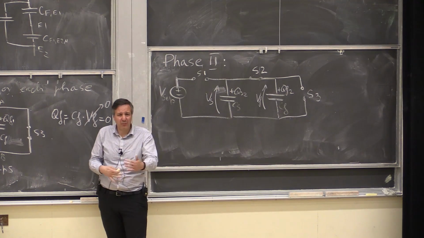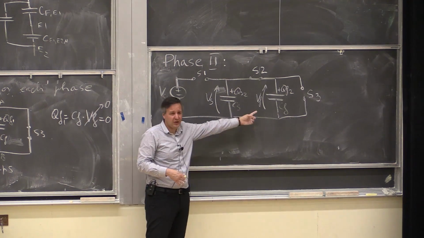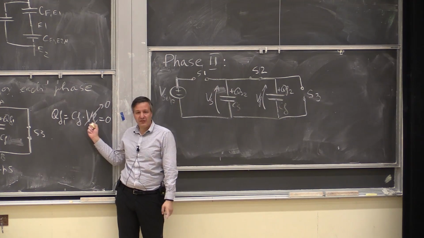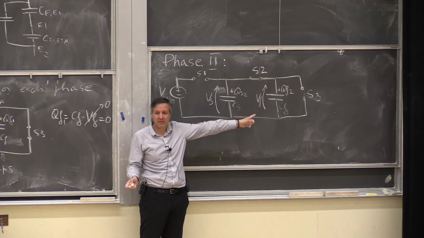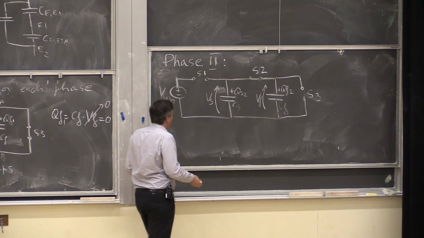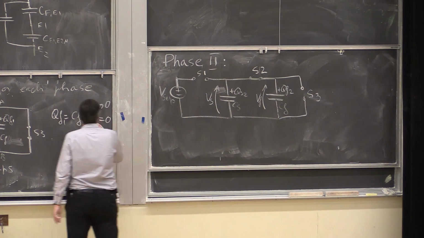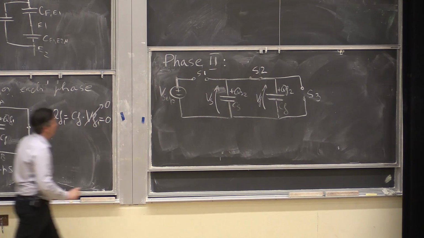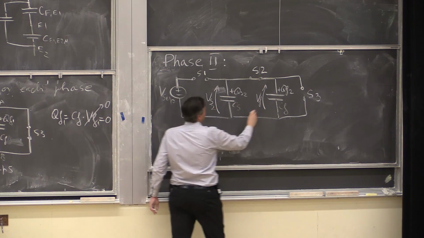If I'm writing on the same page, I would also label these voltages with the index of the phase, because this VF is not the same as that VF. You can choose to do that if you want. Maybe it's easier, so let's do that: VF1, VS1 here, and this will be VS2, VF2.